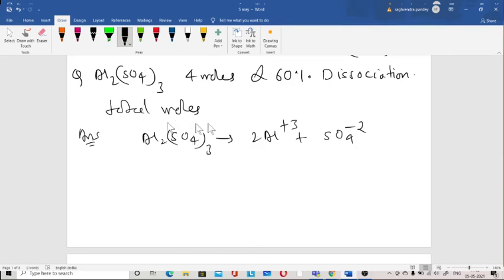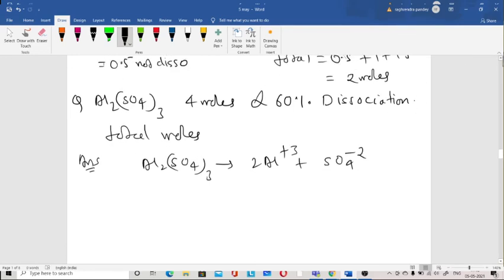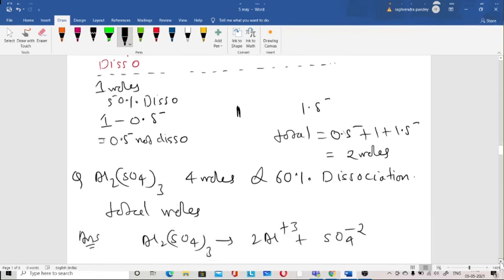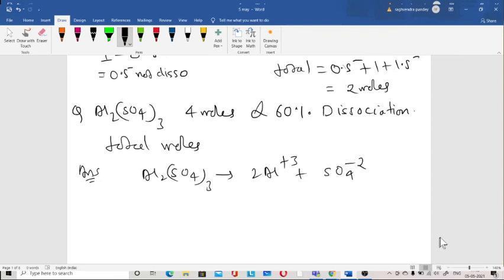No, just how much is the total moles? Not left or right. If the question asks for total moles, they will just ask you total moles. Total moles in the solution, after dissociation.